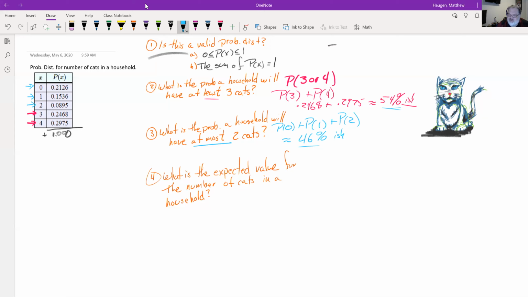Expected value is a way to talk about means. So when we talk about the mean for a probability distribution, we'll often hear it called expected value. And sometimes we'll hear it called a weighted average.